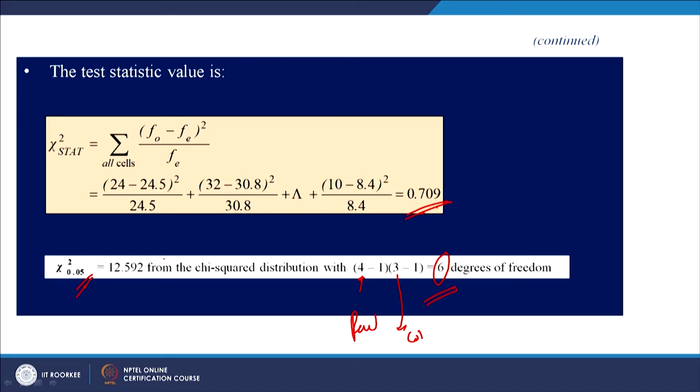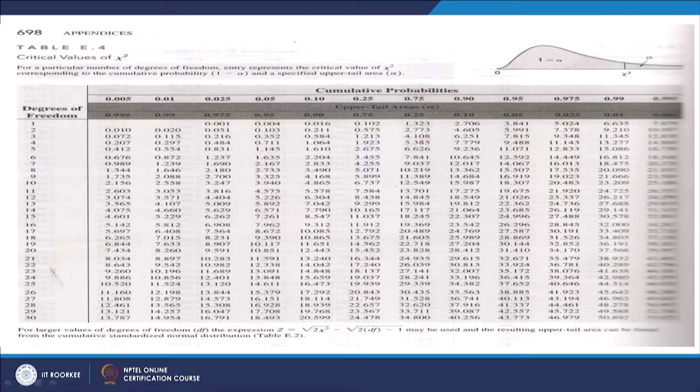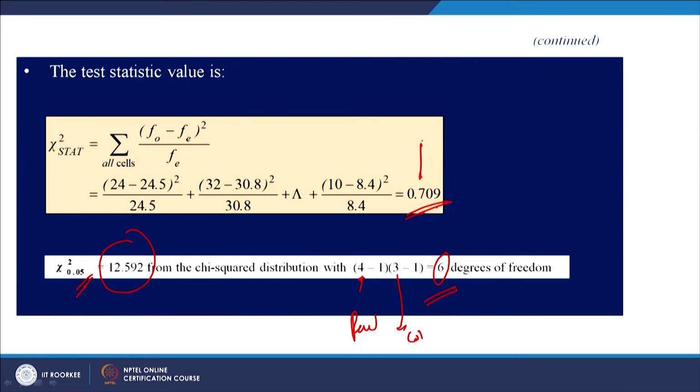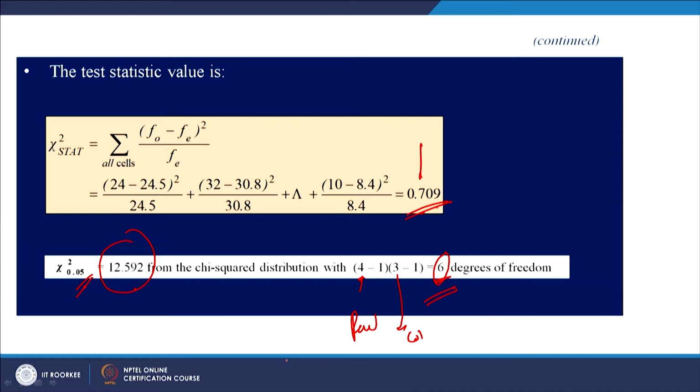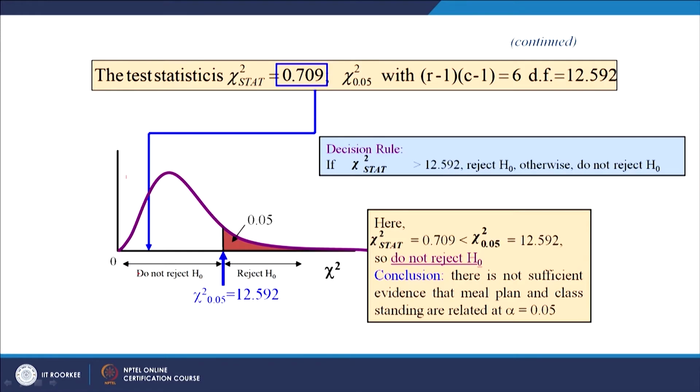So, the critical value is this and observed value is this. So, in fact, you can check the chi-square statistics. So, at 6 degrees of freedom, this is the one, and at 95 percent, yeah, this one, 12.592, right. So, this is 12.592, is not it? This is how you can check table value of chi-square.